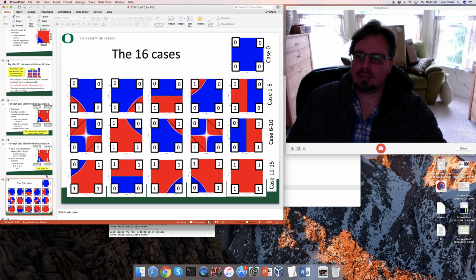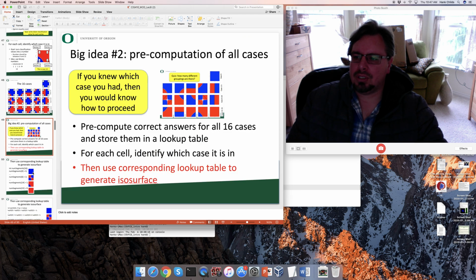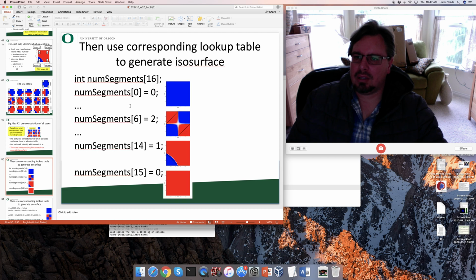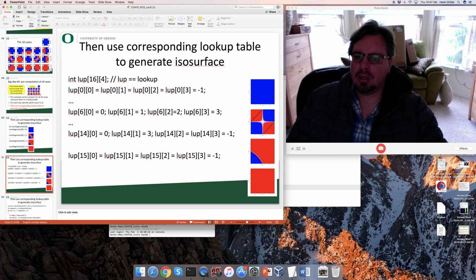And then we get to put it all together at the end, which is we have our lookup table. It says for each case how many segments there are. Case 0 has 0 segments, case 15 has 0 segments, case 6 has 2 segments, and case 14, the one we study so much, has 1 segment. And again, this was just a decision.